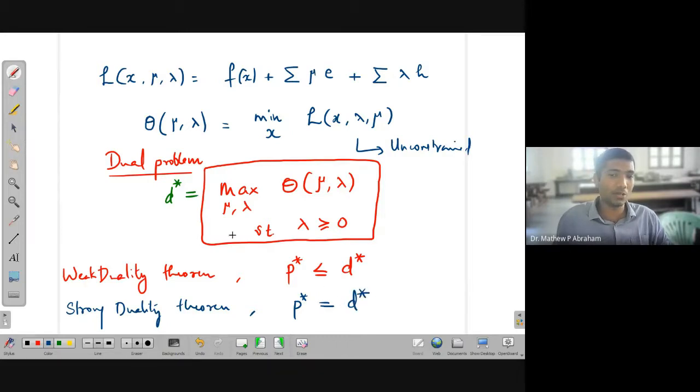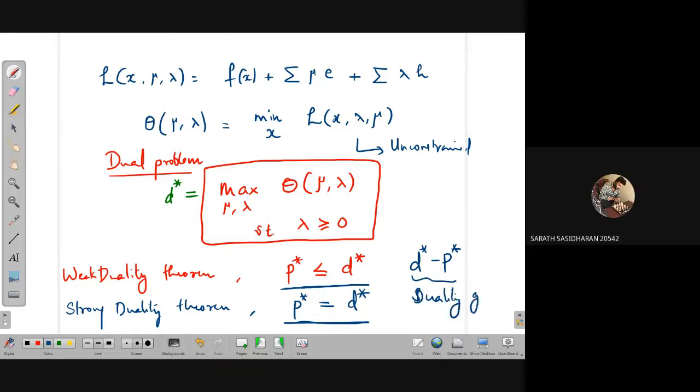That means you just need to solve the dual problem to obtain the solution of the primal problem if strong duality holds. If it is weak duality, as I said, the dual problem will give a solution which is a bound to the primal problem. The difference between d star and p star, so d star minus p star, is called the duality gap.